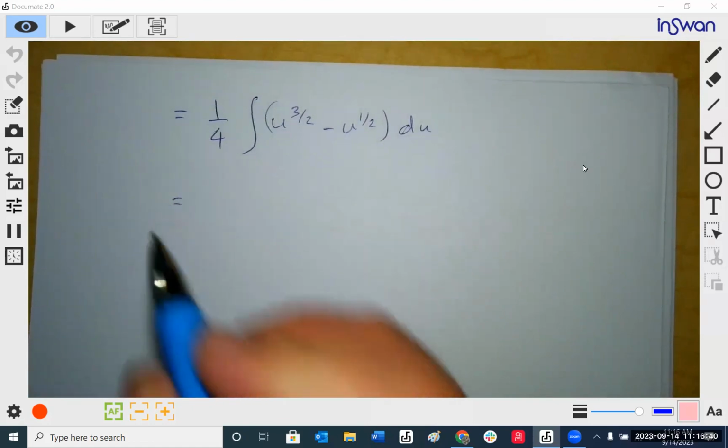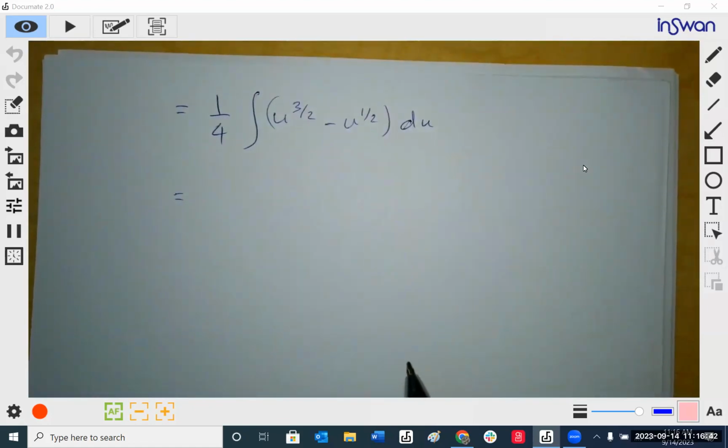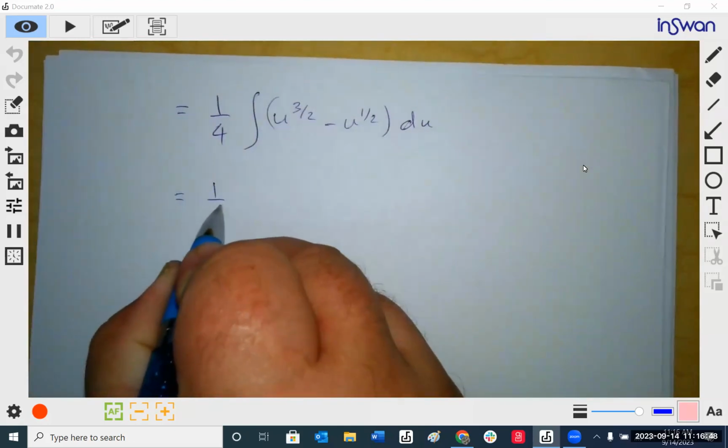Now from here, integrate. So we have 1/4.